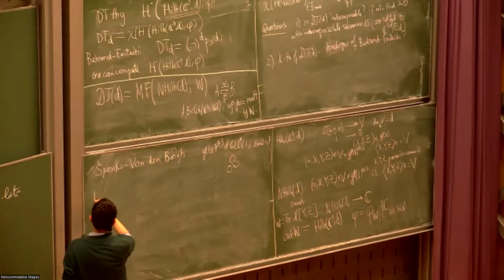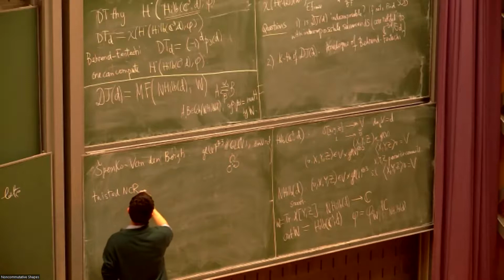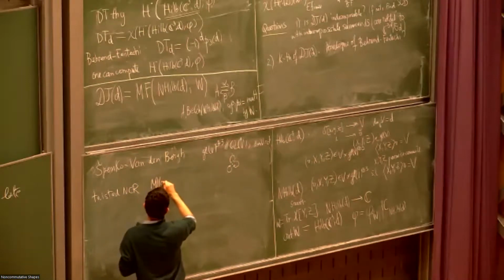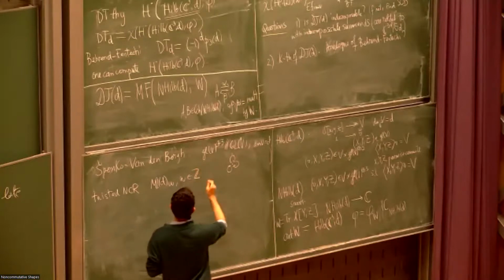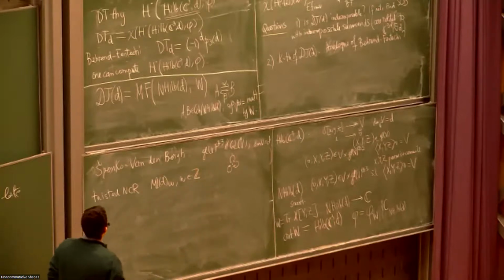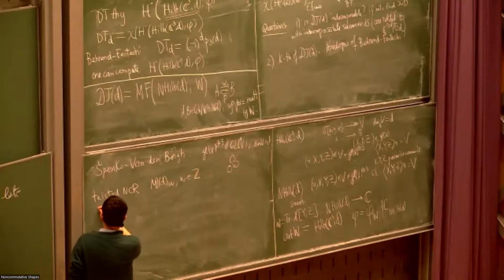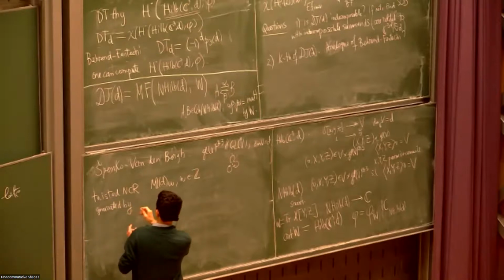So they constructed twisted NCRs, M_D(w), where this w is an integer. They are generated by certain vector bundles.